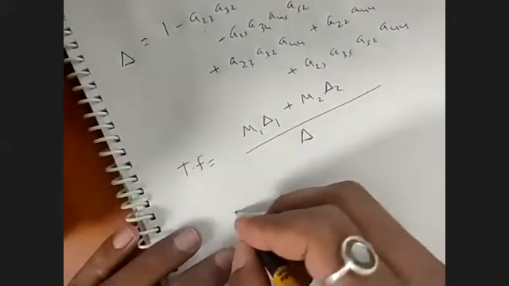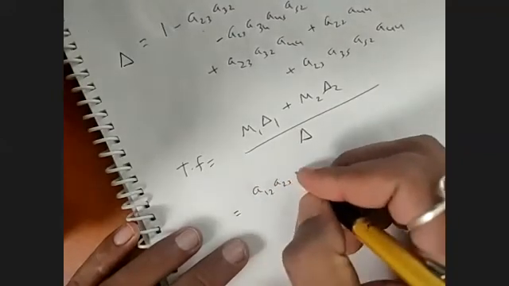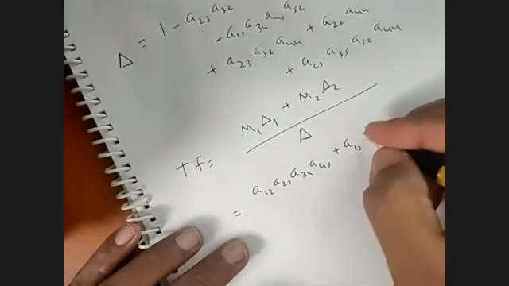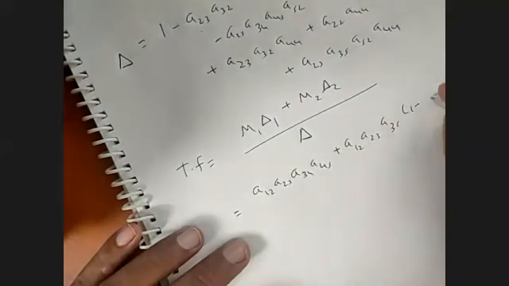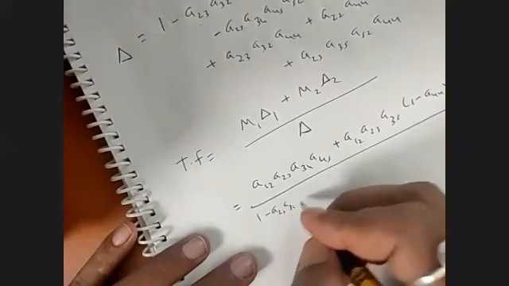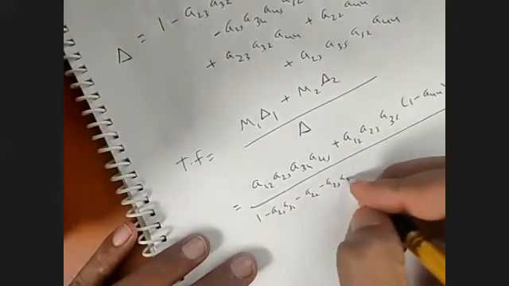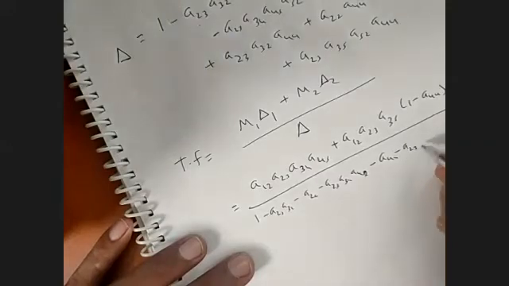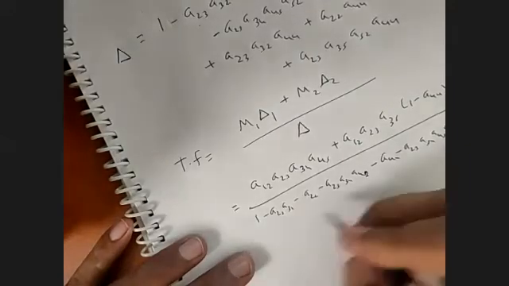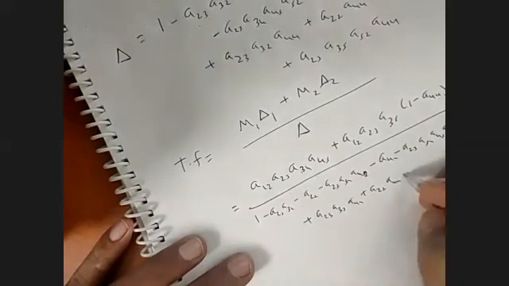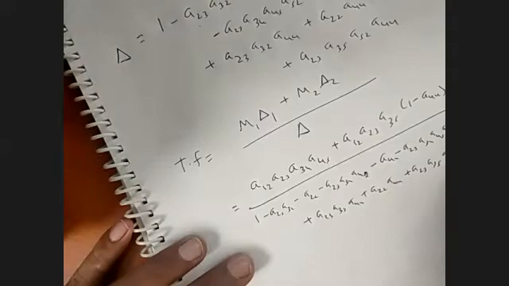So the complete transfer function of this system will be A12, A23, A34, A45 plus A12, A23, A35, 1 minus A44, divided by 1 minus A23, A32 minus A22 minus A23, A34, A42 minus A44 minus A23, A34, A45, A52 minus A23, A35, A52 plus A23, A32, A44 plus A22, A44 plus A23, A35, A52 and A44.